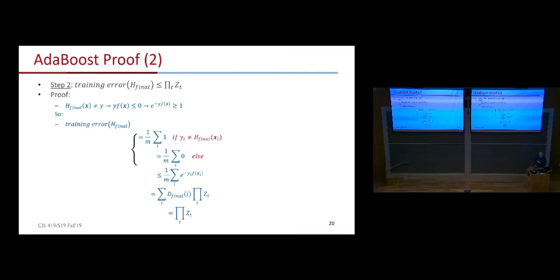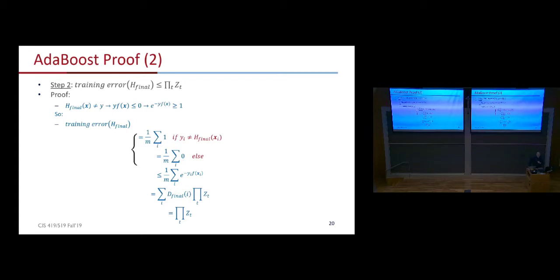Okay, so the next step that I want to talk about is showing that the training error is really bounded, not by what the final theorem says, but by the product of all the Z_t's. And again, the reason I want to show it is mostly for you to think about what it means to be an error.